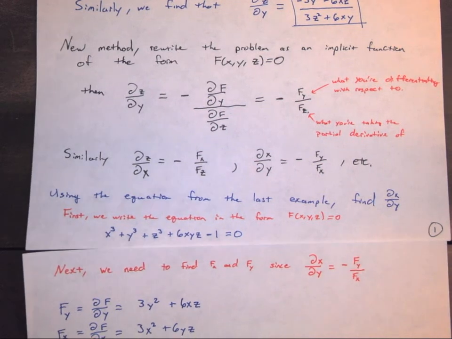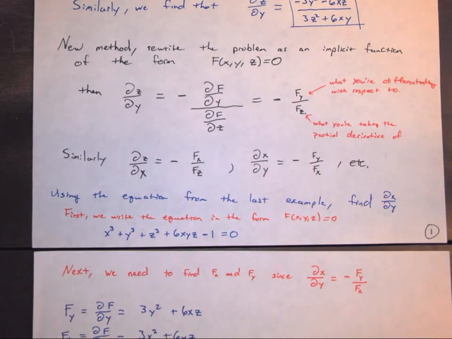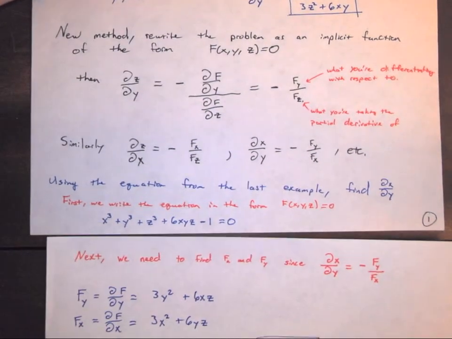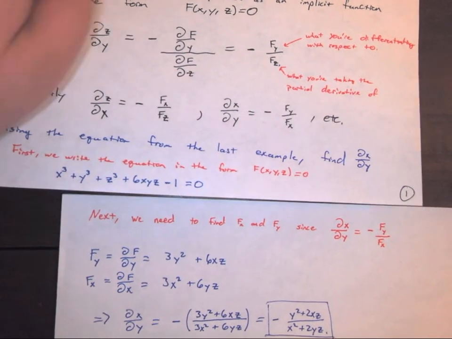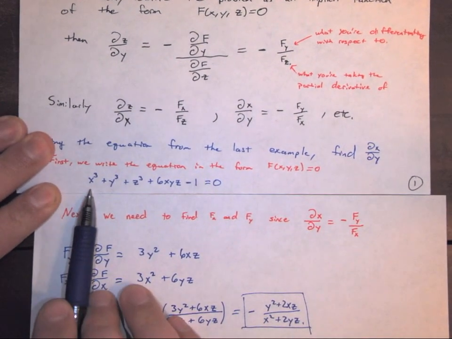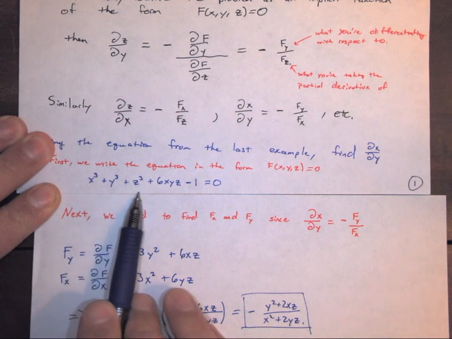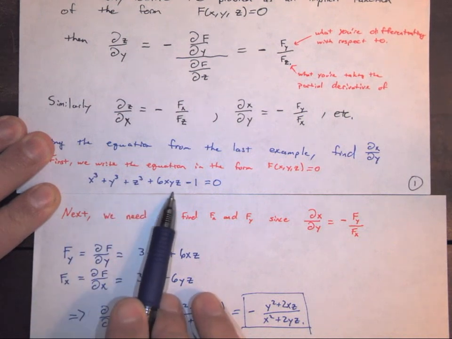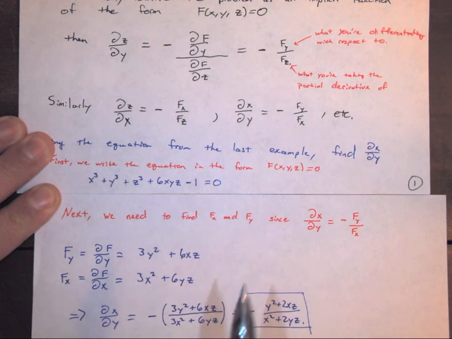Now I also need to find the partial derivative of this function with respect to x. So when I do that, I get 3x squared, this becomes 0, this becomes 0, this becomes 6yz. And of course this negative 1, you take a derivative of that, it's always going to be 0.